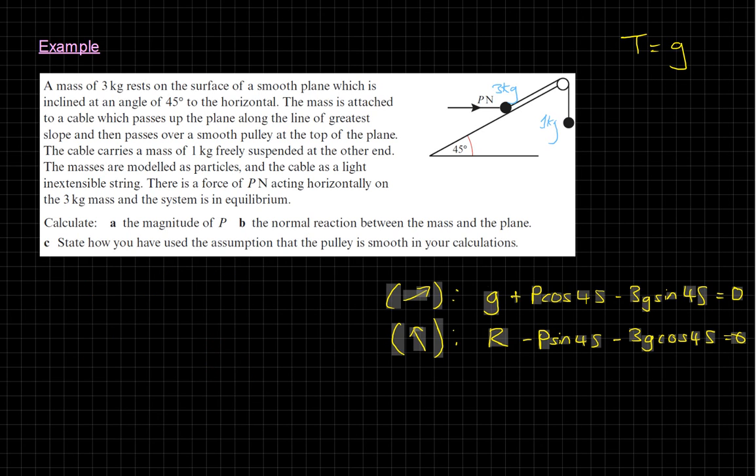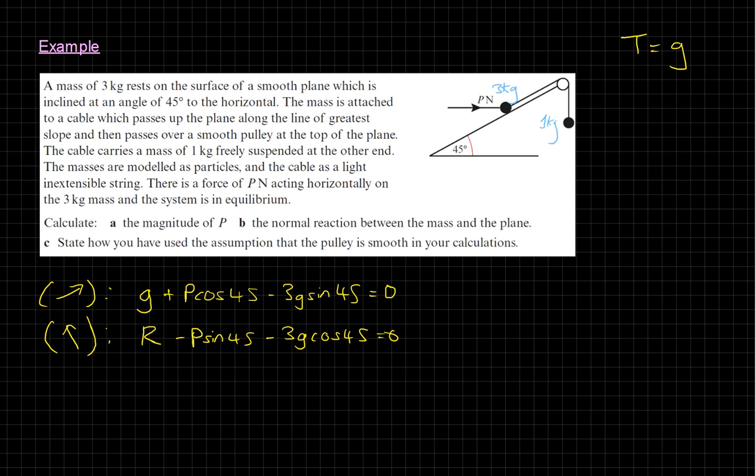So we've got our resolving forces equations, and we just need to solve these. So sine 45 and cos 45, we hopefully realise, are actually the same value. It's one of the few times when sine and cos have the same output, and it's 1 over root 2.